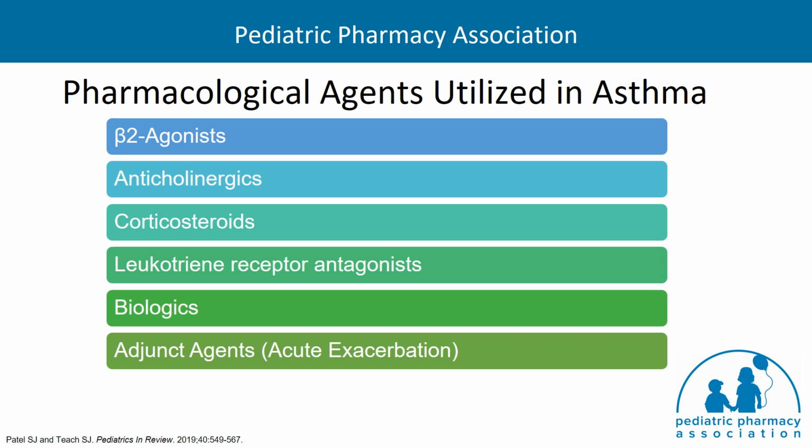Patients may use inhaled corticosteroids as well as systemic corticosteroids, leukotriene receptor antagonists, and biologic agents. Additionally, patients may require adjunct agents during acute exacerbations. This includes potentially magnesium sulfate as well as others. We will discuss these agents in more detail on the following slide.